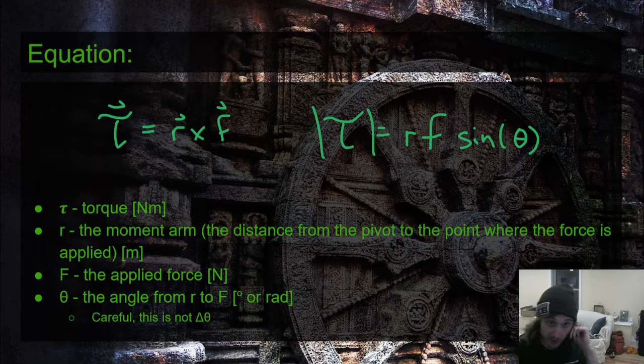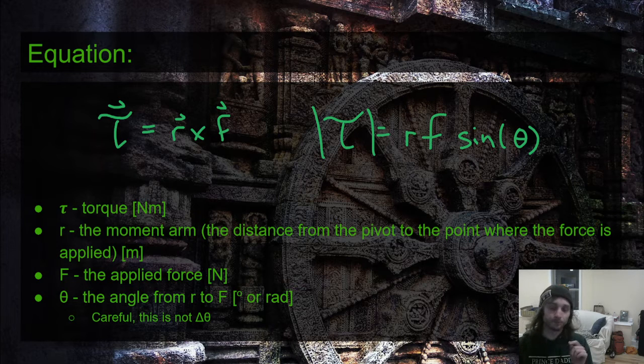It's not just whatever angle they give you for the problem. It's always, always, always the angle from R to F. And the sine of that angle, times the other two, is going to give you torque.